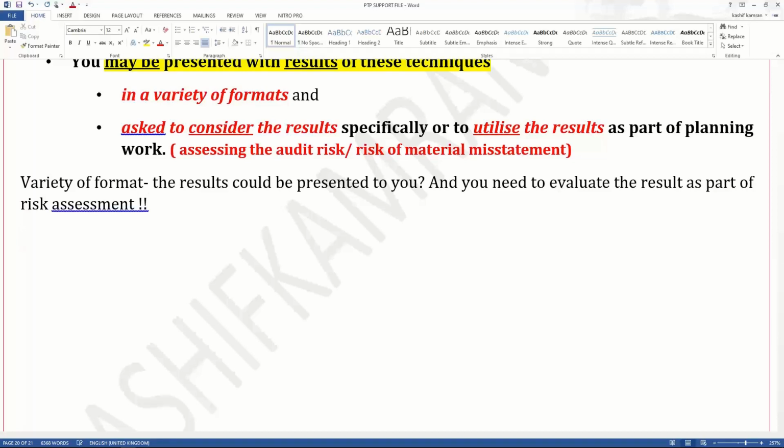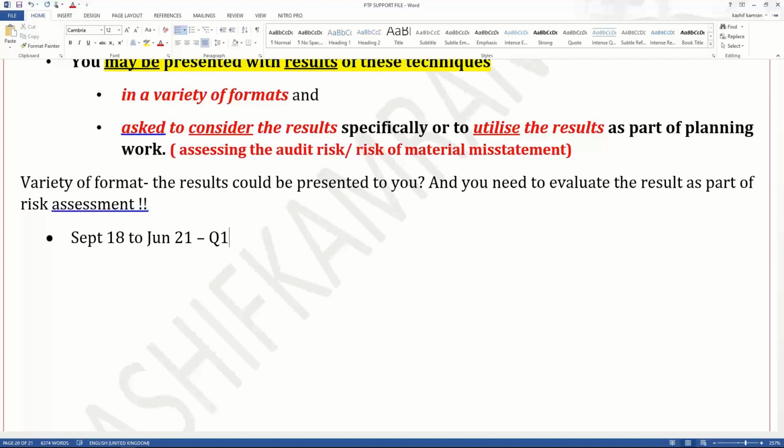Now, just tell me as a student, if you look at the past papers from September 18 to June 21, and you look at question number 1 of each of these exam sittings, do it at home. Open the September 18 question number 1, then the December 18 question number 1, then the March-June question number 1, and go up to the June 21 question number 1.